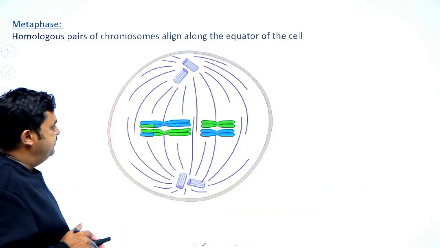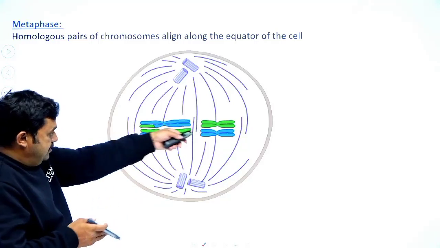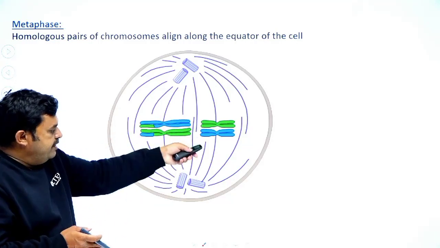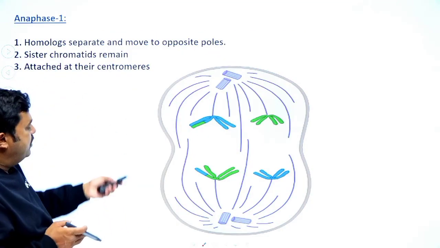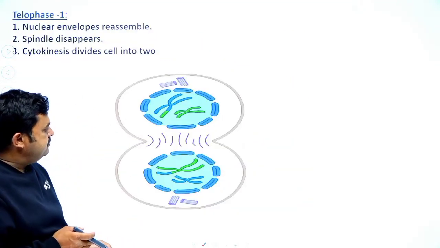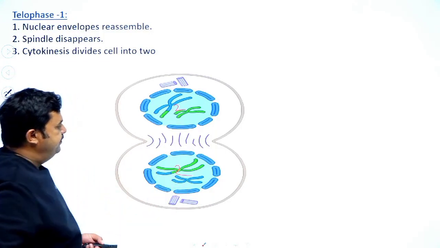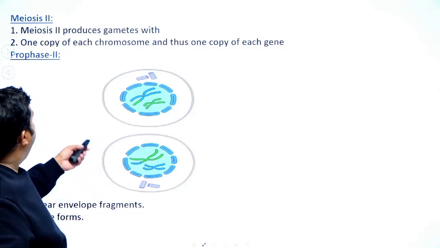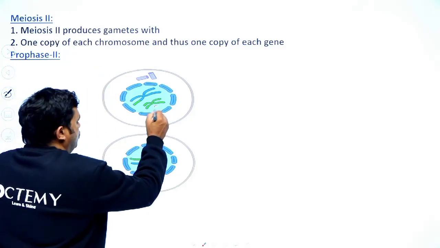Then metaphase. What happens in metaphase? Chromosomes will be attached at the center point through the spindle fibers and move towards the next stage, anaphase. Anaphase 1 separates, you see, two chromosomes. So at the end of the first stage of meiosis there are two chromosomes.